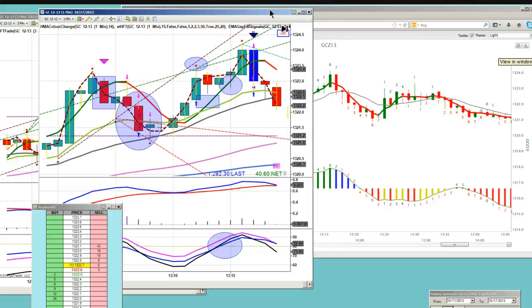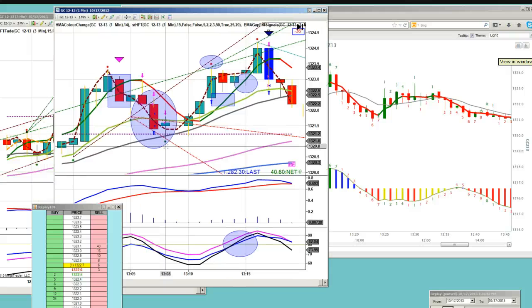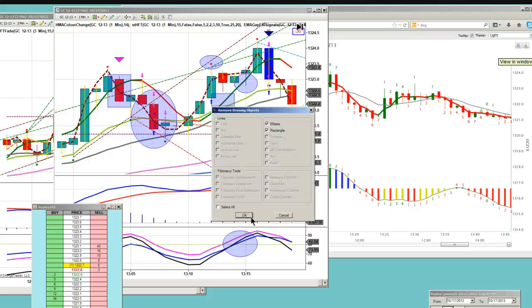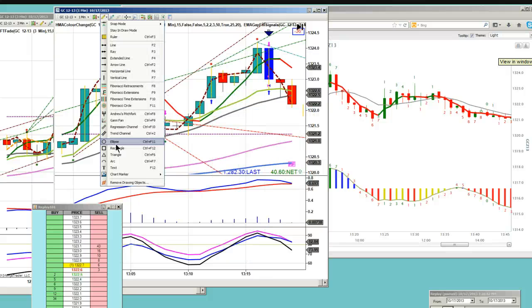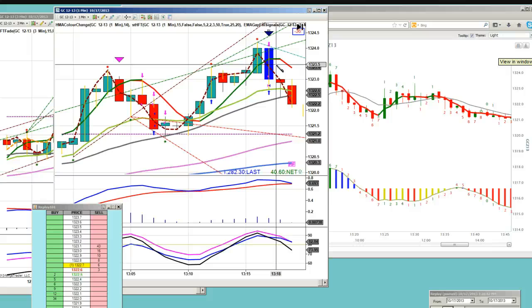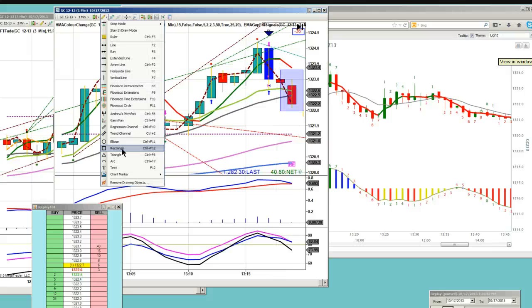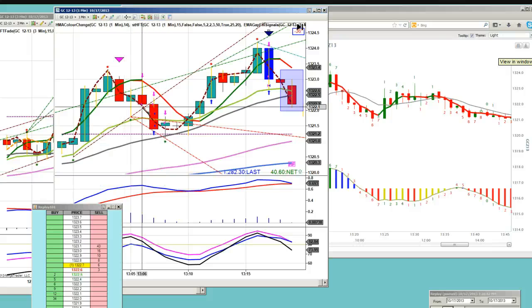Now let's take a look at this one here at 1307, the earlier one. So we're comparing, let me just pixel this so you can see nicely, this one at 18 and 19 versus this one at 6 and going through 8 and 9.